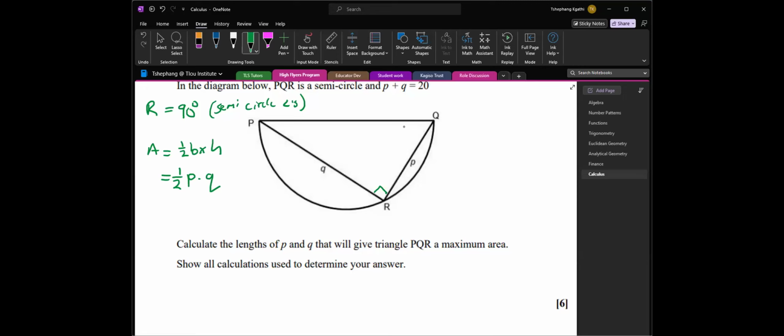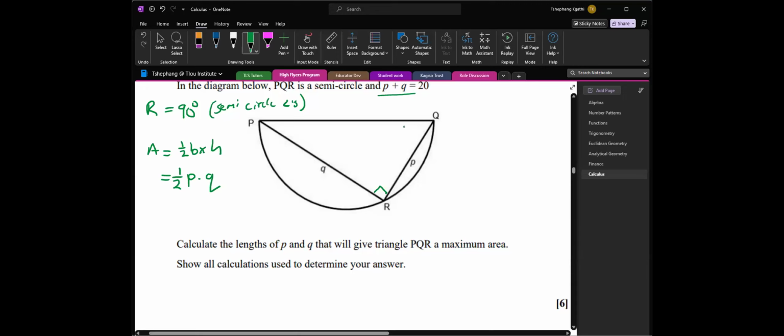Now remember something. We do have what P plus Q is. So what I'm going to try and do is solve for P. P is equal to 20 minus Q. Then I'm going to substitute this into the area equation.